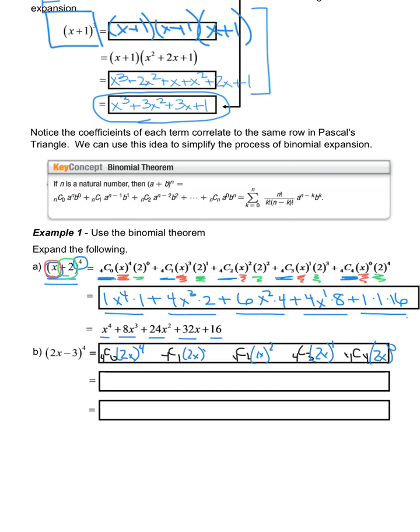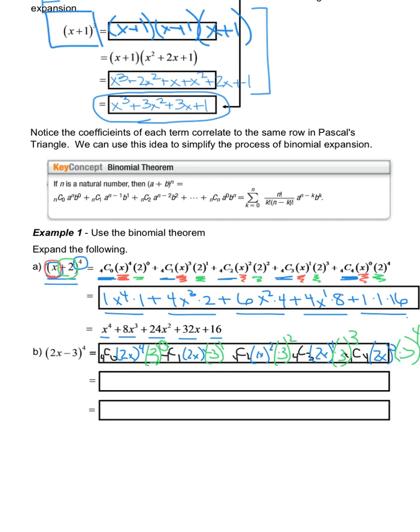All right, beyond that, we take our second term, which in this case is negative 3. We start at 0, negative 3 to the 1st, negative 3 to the 2nd, negative 3 to the 3rd, sorry, it's getting a little cramped, negative 3 to the 4th.